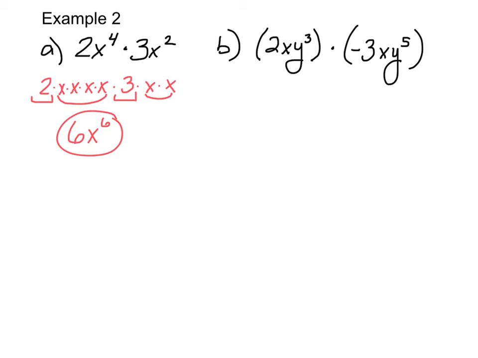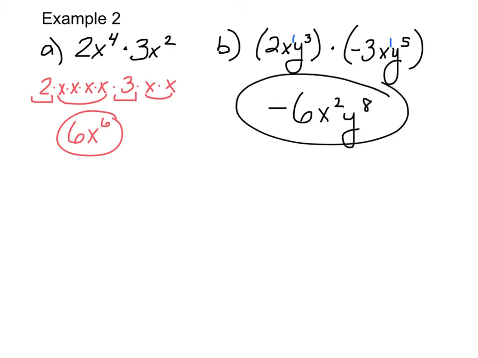So we can take 2 times negative 3, that gives us negative 6. But then you multiply your x's, the same base. What's x times x? You should notice that there are 1's here. So that would give you x squared. We add the powers. y to the 3rd times y to the 5th will give you y to the 8th. So my answer would be negative 6x squared y to the 8th power.